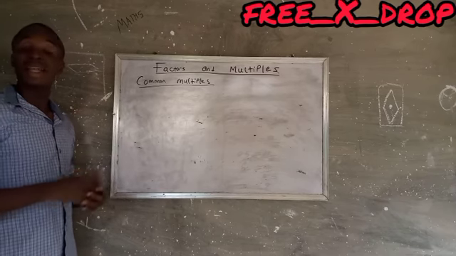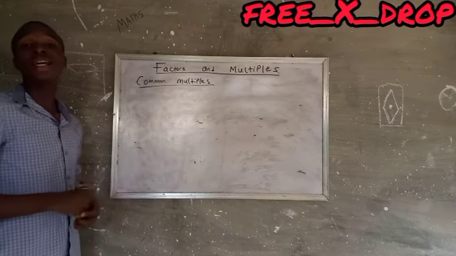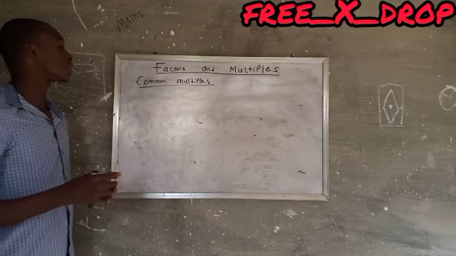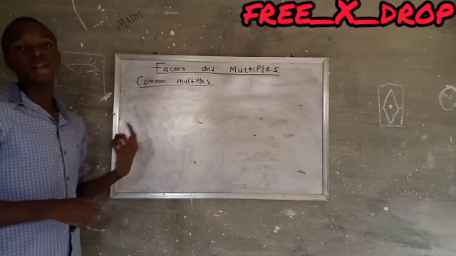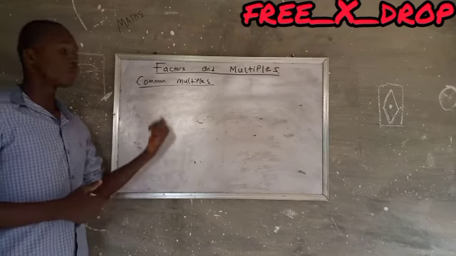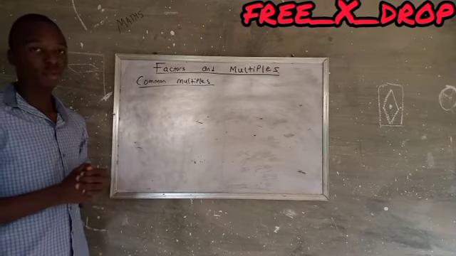Common multiples are, like I said in the previous video, of factors and multiples. Common things are things that are everywhere. I explained that there, so if you watch that, I believe you already understand that. But this one is not common factors, so these are common multiples. So what you are going to be looking for is the multiples that are everywhere. Please, if you did not watch the previous video about factors and multiples, I advise you watch that. It's very important for your understanding.